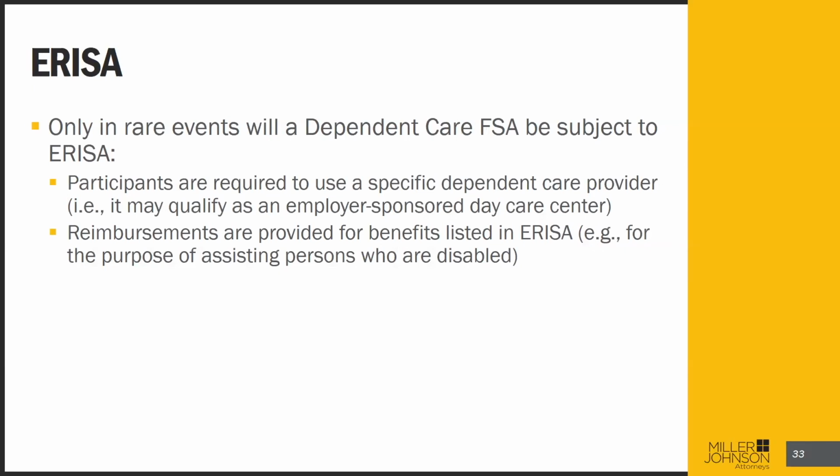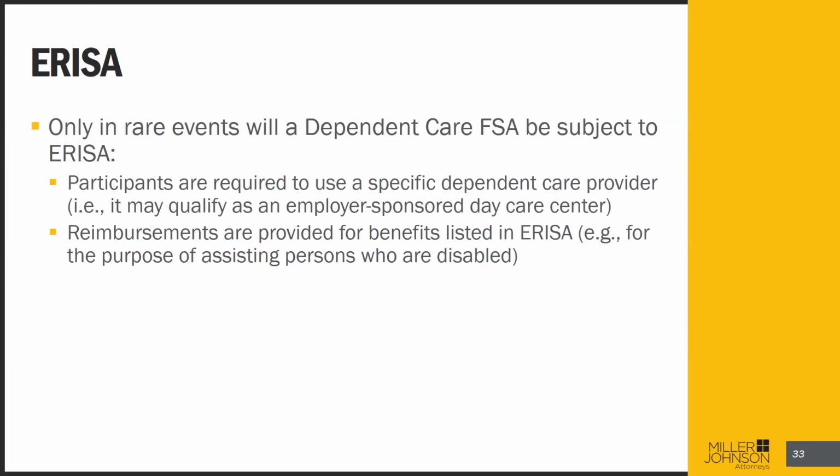Dependent care FSAs are only subject to ERISA in rare circumstances. For example, a dependent care FSA may be subject to ERISA if the employer requires participants to use a specific dependent care provider and only reimburses expenses for that provider.